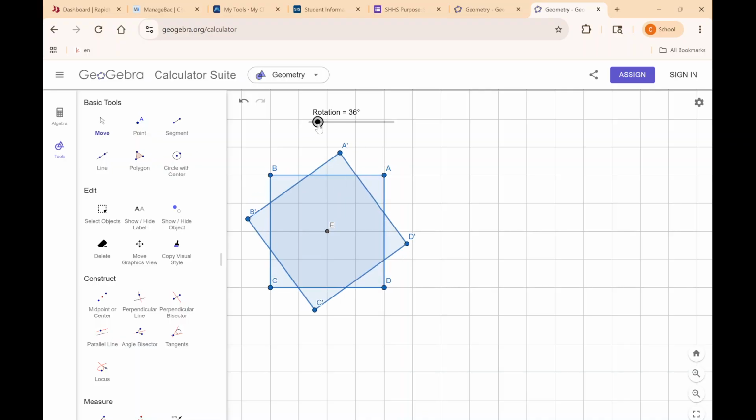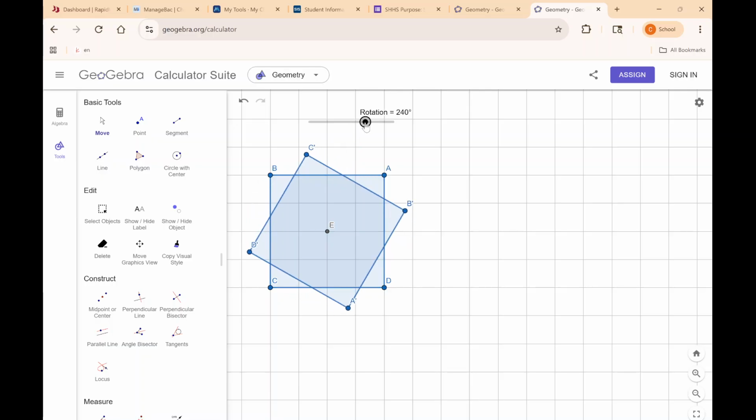So we're spinning, and the first rotational symmetry we have is at 90 degrees. And if we keep going, after another 90, oops, too far, 180, there's a second rotational symmetry.